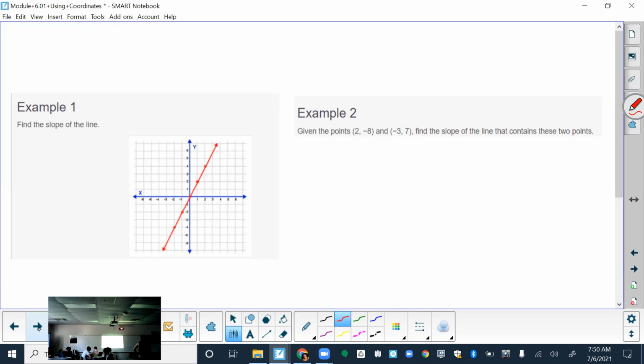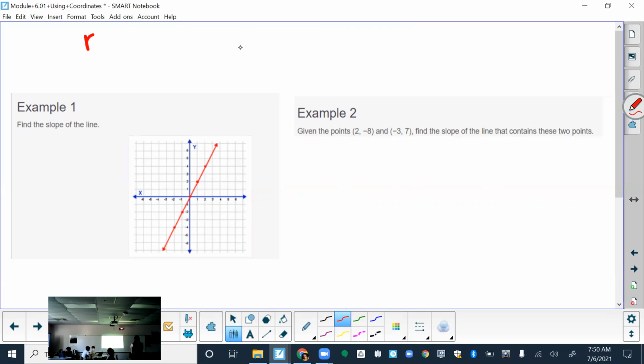All right, the examples, if they're hard to see on your paper, sorry. I can always blow them up on here and you can see them better up here. But first you're going to find the slope of the line from a graph. So what formula might be best to use for example 1?